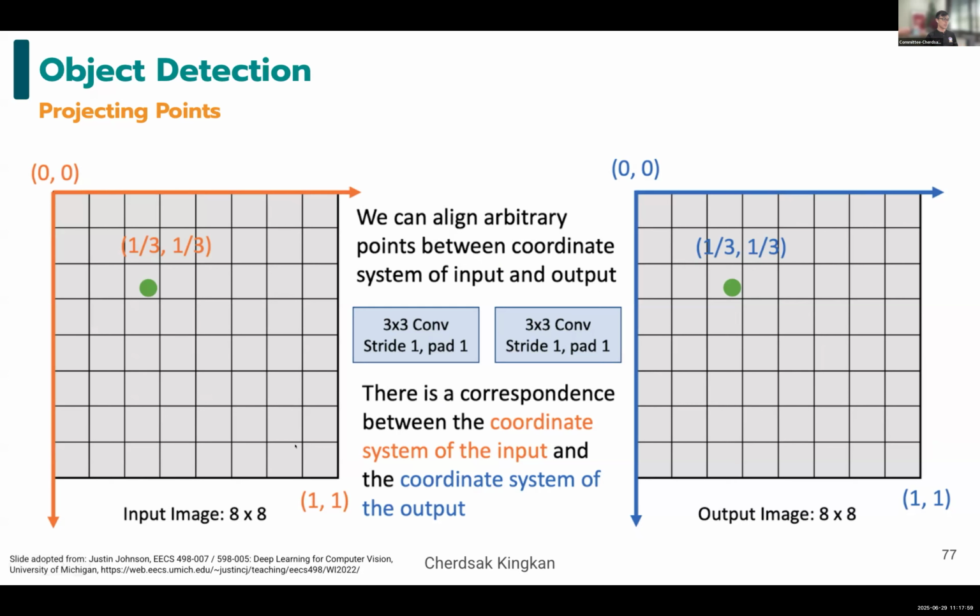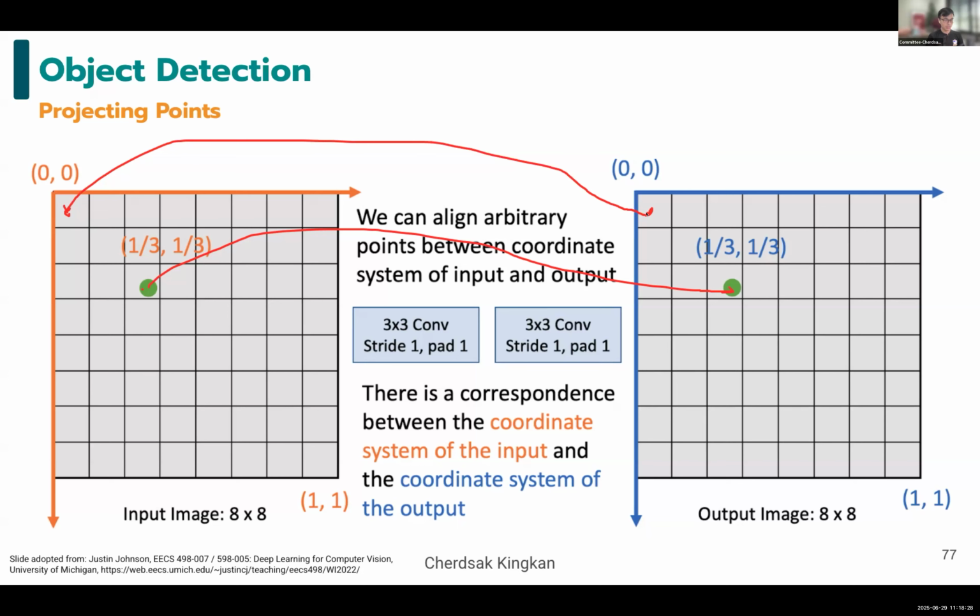Let's say that in this example, the input has a resolution of 8 by 8, and if the resolution of this output or the feature map is also 8 by 8, then it corresponds 1 by 1. So which means that this location we can map directly to this location, and that location we can map directly to this location, right? Because we want to find locations.